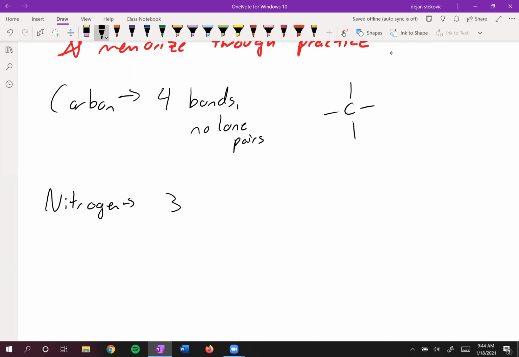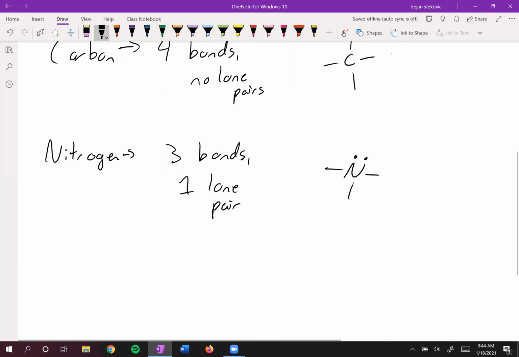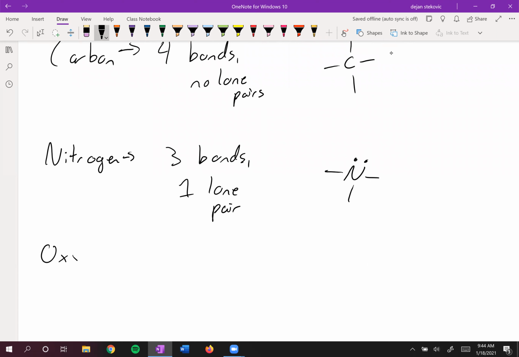Nitrogen will have 3 bonds and 1 lone pair, so it will look something like this. After that is oxygen. Oxygen will have 2 bonds and 2 lone pairs.